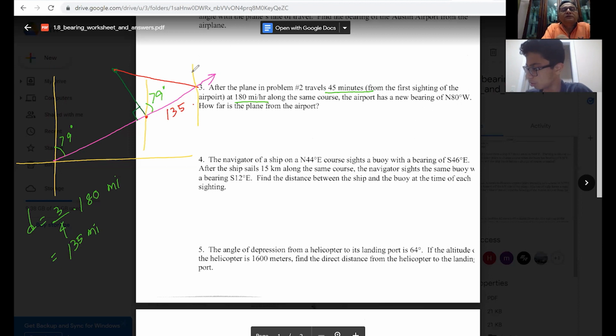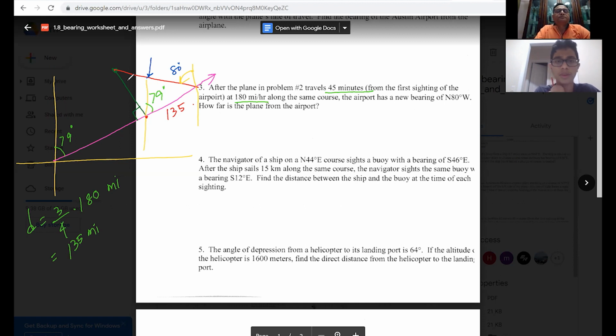Now from north it is 80 degrees west. You get the idea. That becomes our scale. Then what do you want? How far is the plane from the airport? So we have to find this distance, basically.